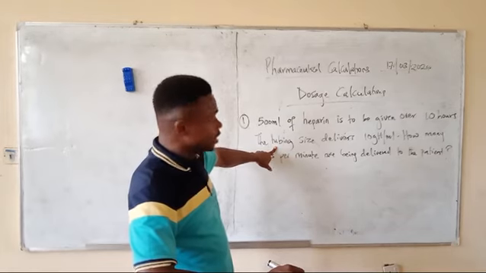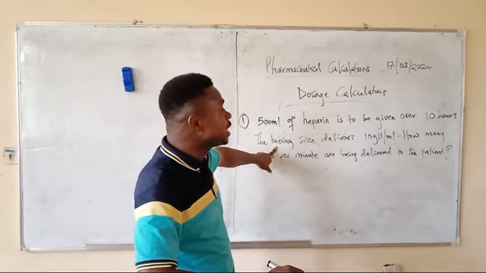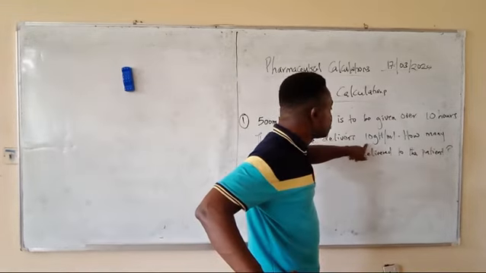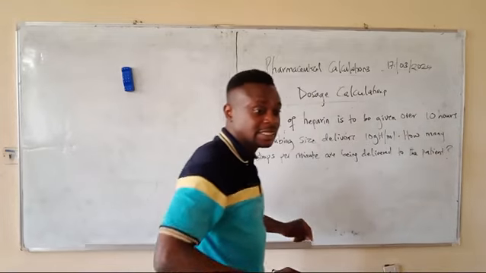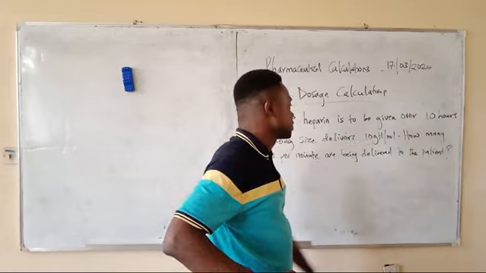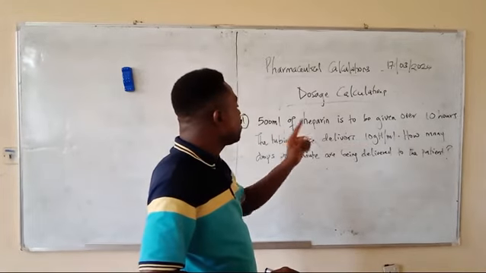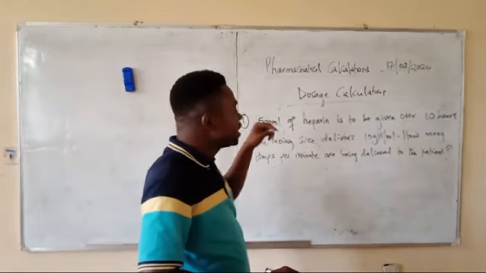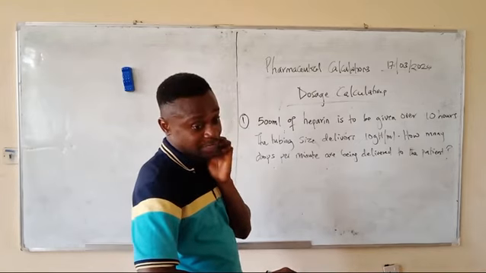Am I communicating? This drip set can only deliver 10 drops per ml. What that means is that 1 ml will bear 10 drops. Now the question says, how many drops per minute are being delivered to the patient?